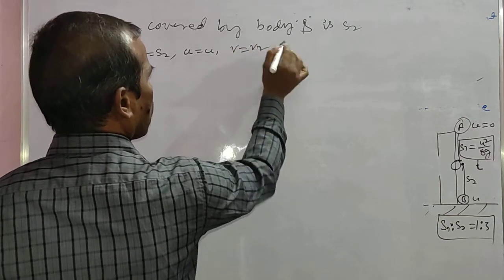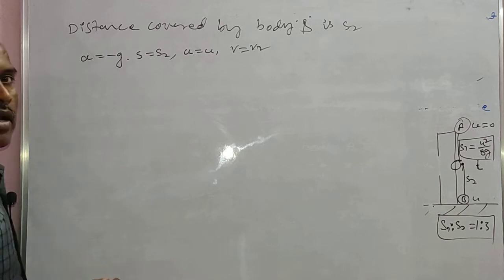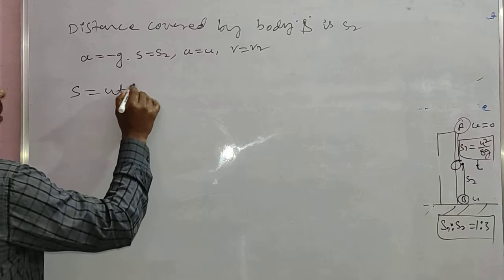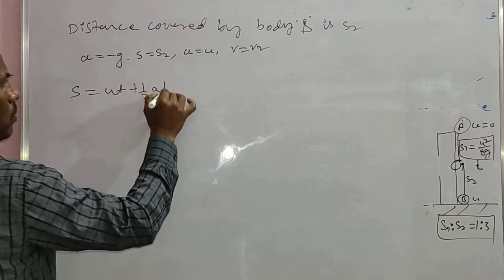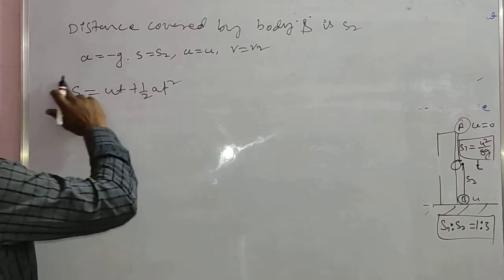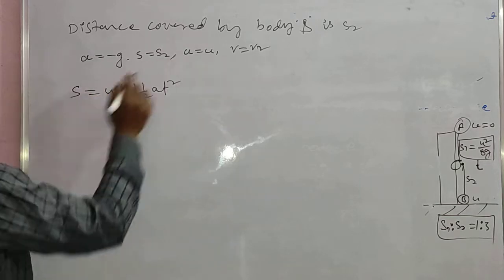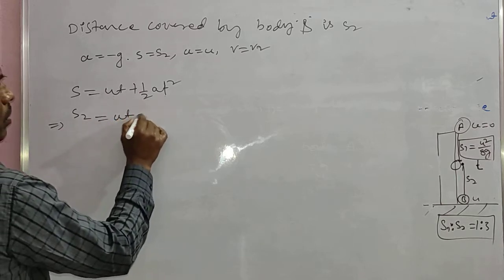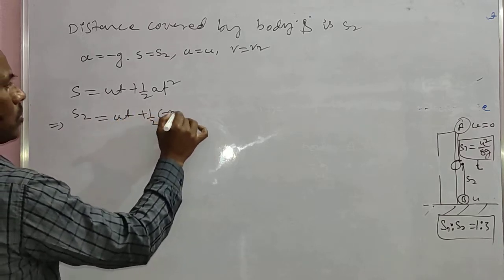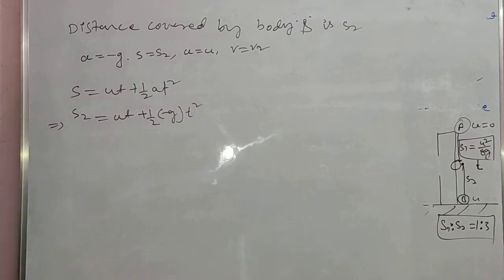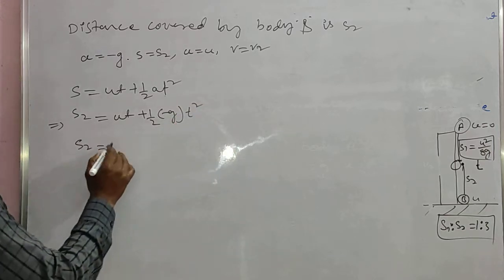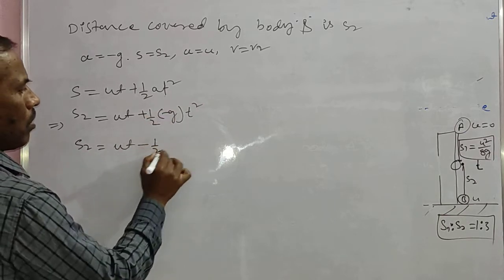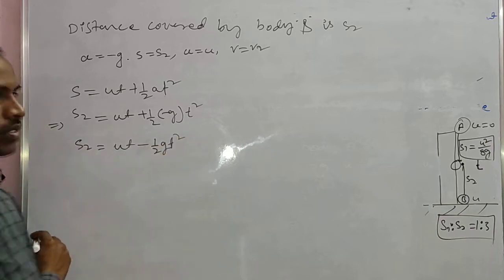According to the second kinematic equation, s is equal to ut plus half a t square. Substituting, S2 is equal to ut plus half into minus g t square.